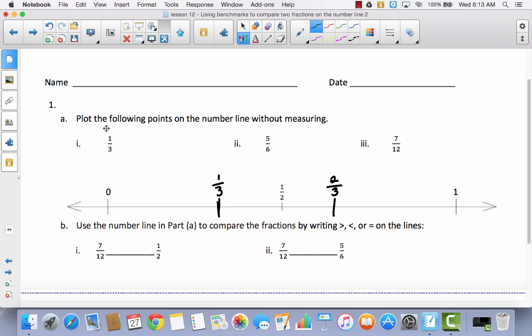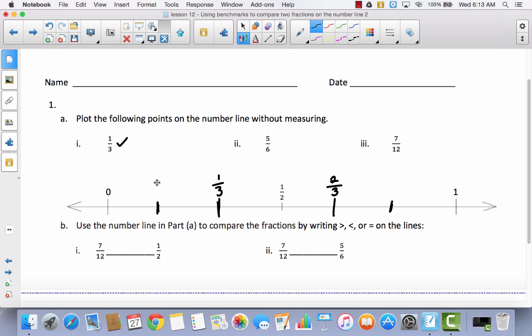Okay? It says plot the following points on the number line. So here's 1/3. I just did that one, so I'm going to put a little check mark by it. Now we have to do sixes. If these are thirds, 1, 2, 3, then I can make these into sixes by dividing the thirds in half. I'm going to divide this third in half right here. This is already dividing that third in half, and this is going to divide this third in half.